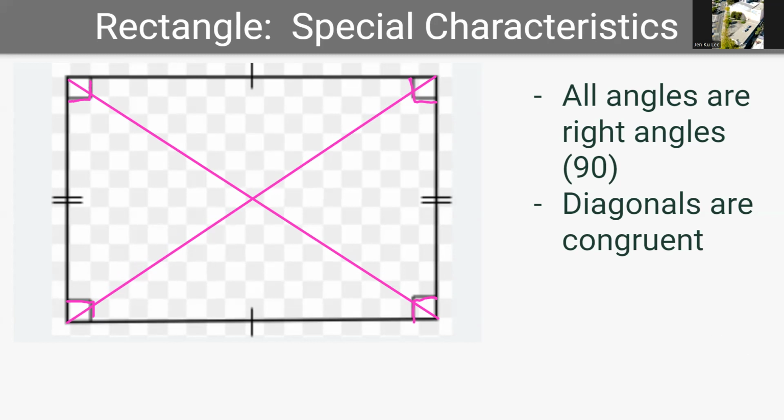So I know that all of these parts, these segments that are created, are also equal to each other. Okay, that makes sense? Yes. Okay, so that's what a rectangle is.